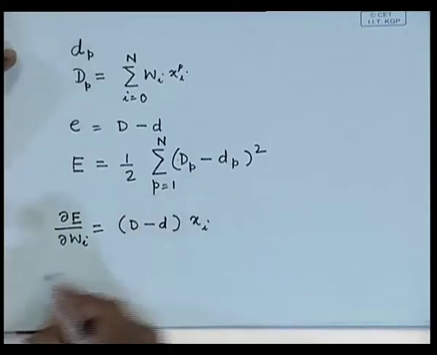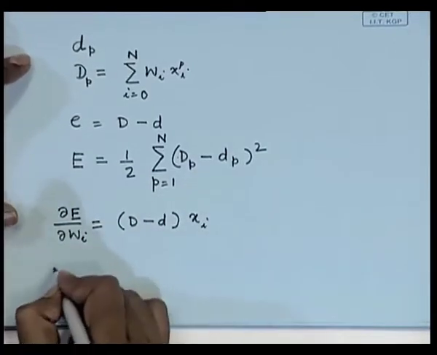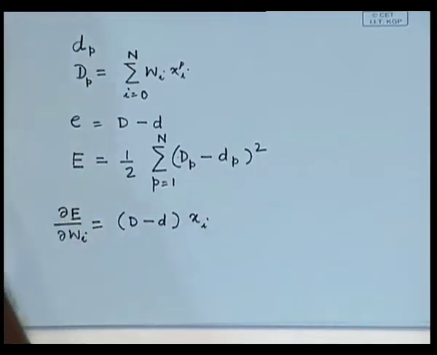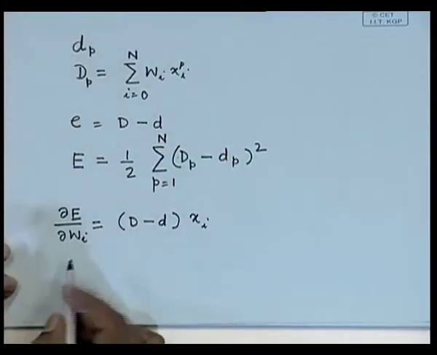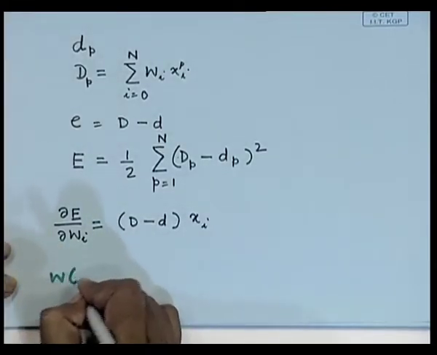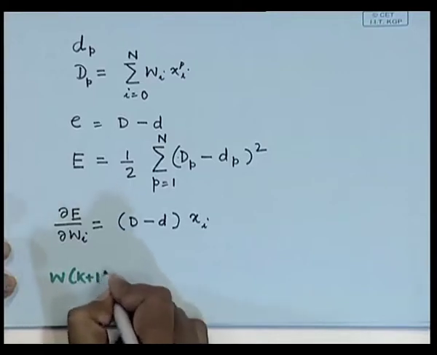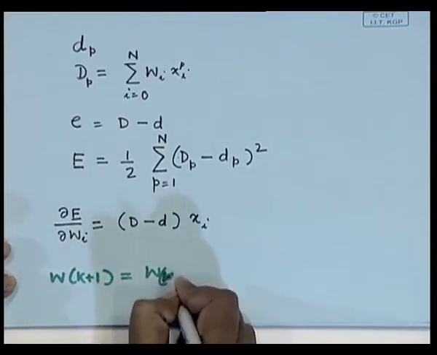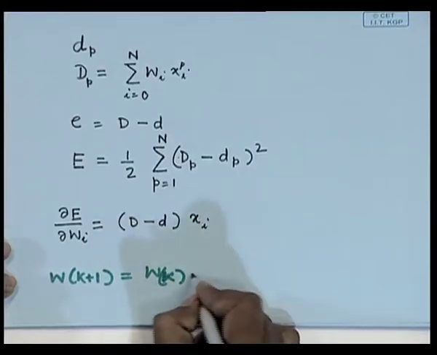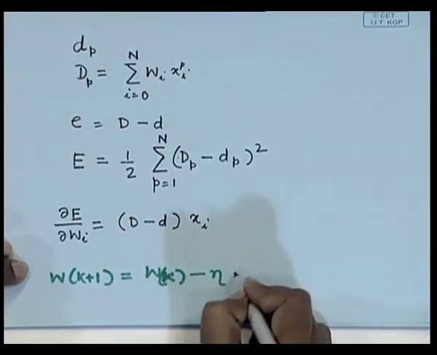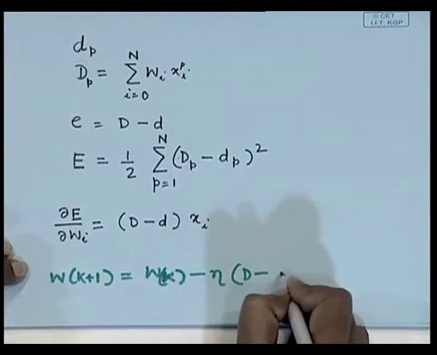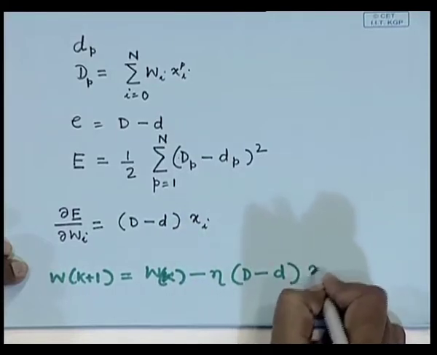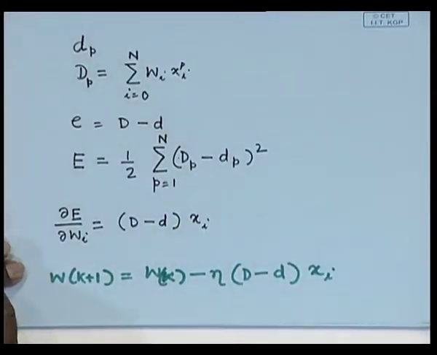Accordingly, our weight updation rule will be w_k plus 1 is equal to w_k, following gradient descent, minus eta times (d minus D) into x_i.